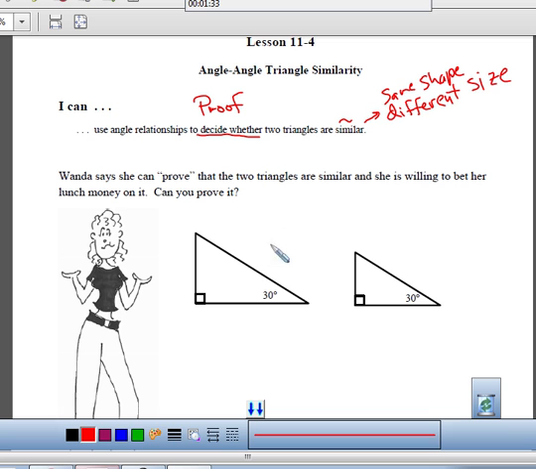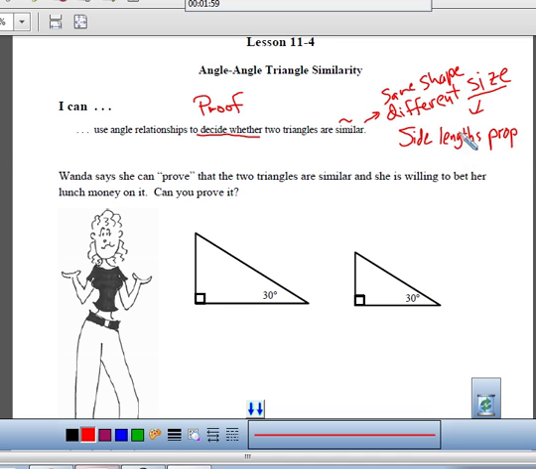If you look at the picture below, it looks like we have the same shape but different sizes. What that really means when we're talking about a different size is that the side lengths are proportional.